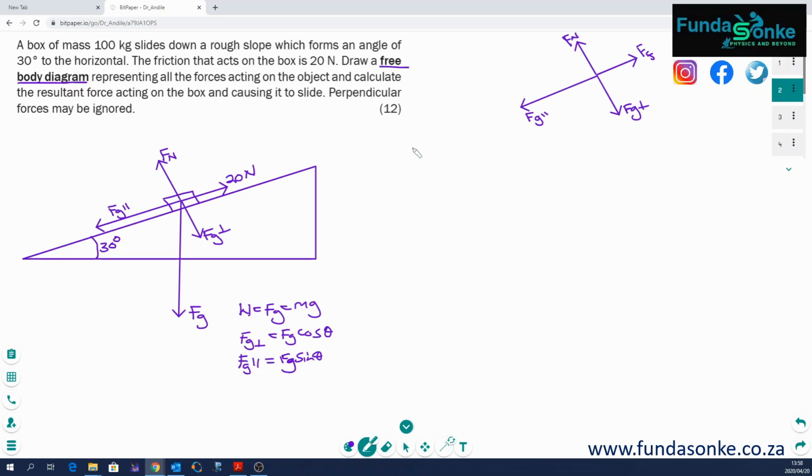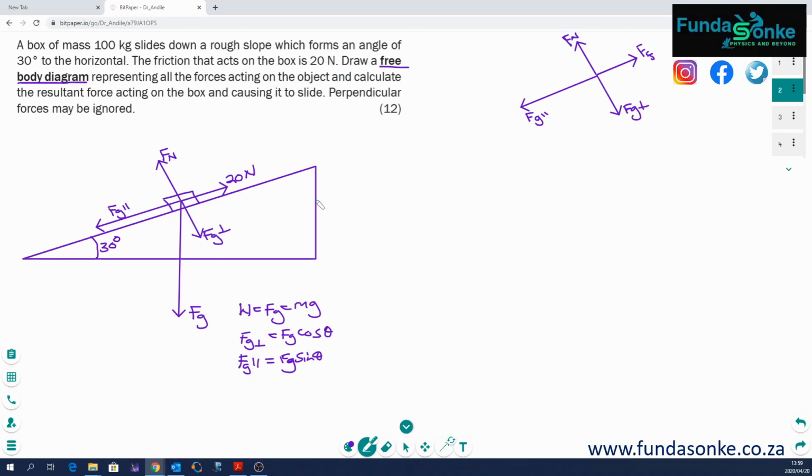So there's a difference. The first diagram is a force diagram. The second diagram is the free body diagram, which they asked for in this question. Okay, so the force diagram was there so that it can help us to have a clear picture or an understanding of what the free body diagram would look like.